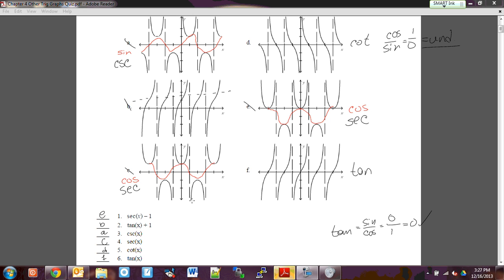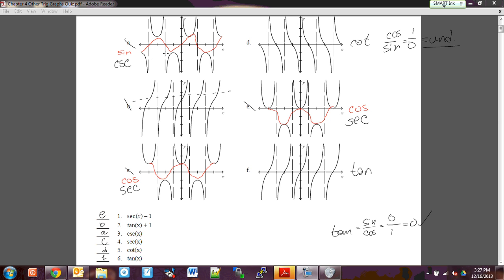All right. So kind of a quick review here, but that's basically all you need to know for tomorrow's quiz. Like I said, for your secant and cosecant graphs, if you're unsure, draw in a sine or cosine curve underneath it. So that way you can be like, okay, this looks like a sine graph, so that means this has to be cosecant, like I did here with the red.